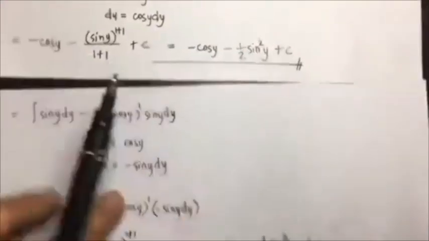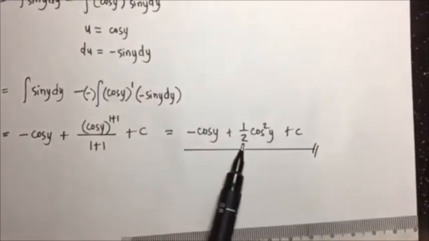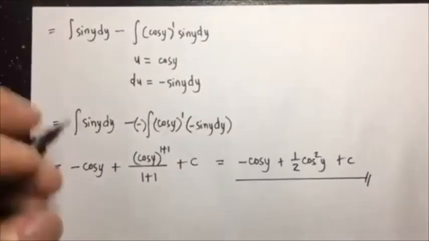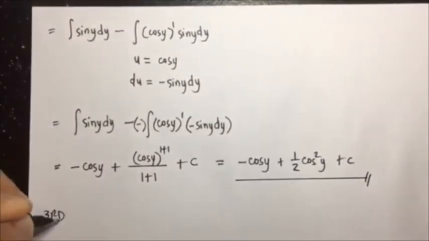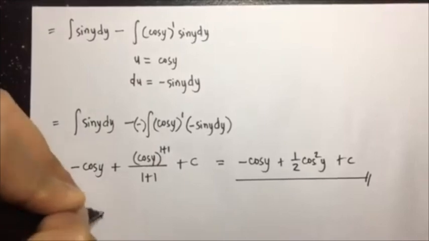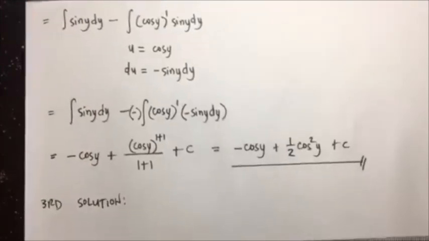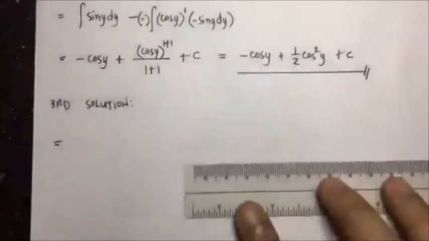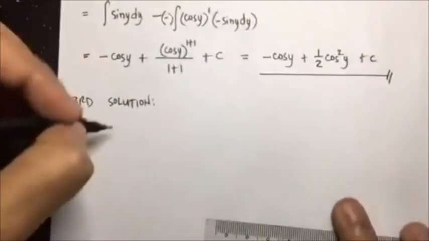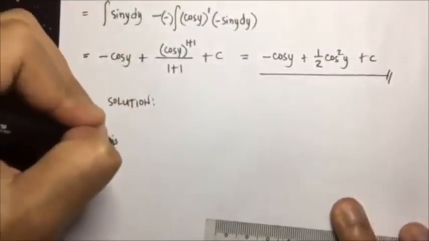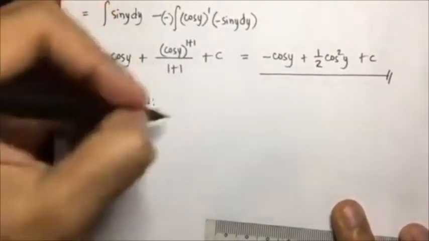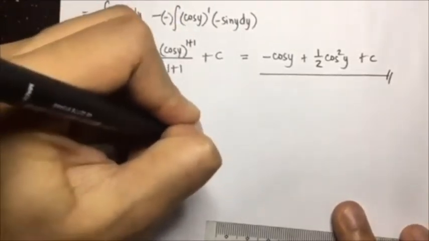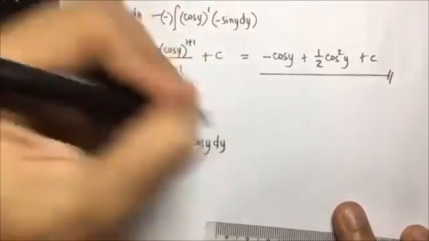Okay, so this is our second answer. So our first answer and then our second answer. Okay, so for the third one, we can use the double angle identity. So we have equal to, copying again this one, integral of sine y dy minus integral of sine y cosine y dy.